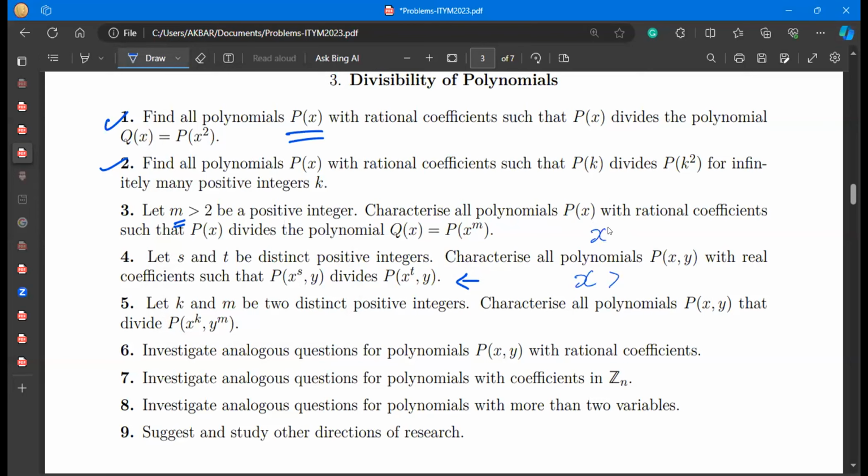I'm not trying to make it difficult, so I'm mincing the words a bit. But you can take the second variable to be playing the role of the constant part for a bit, and then you try to include this thing as well.